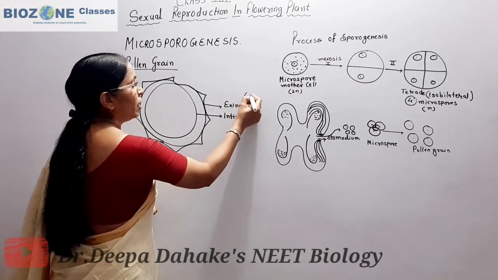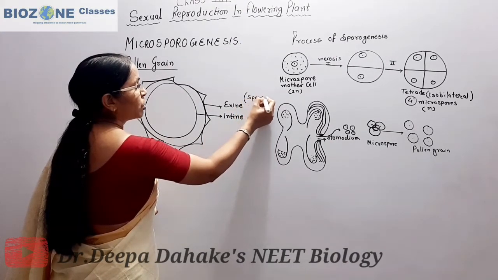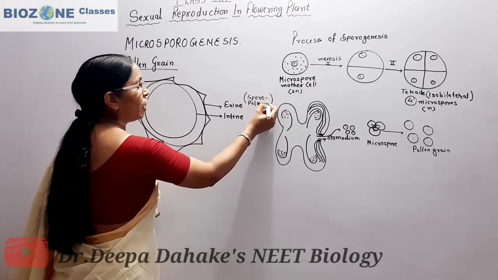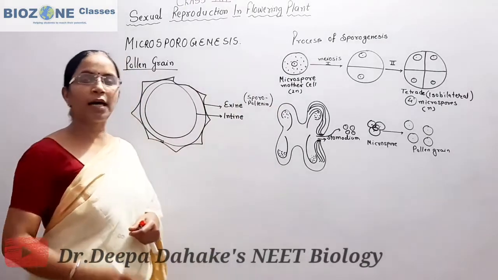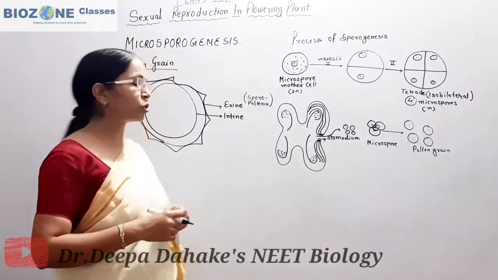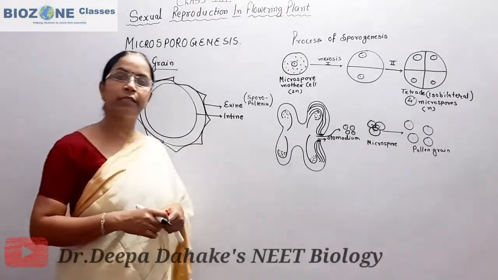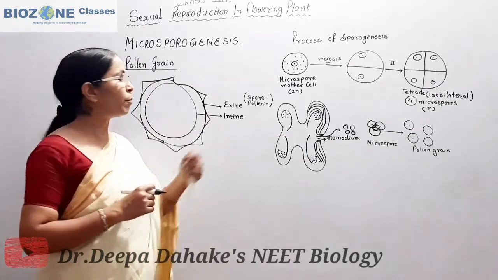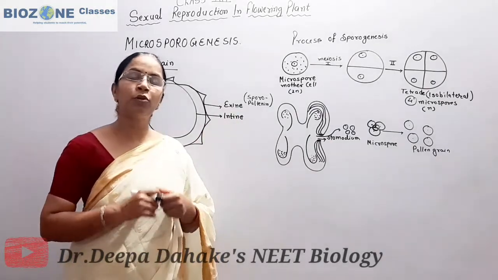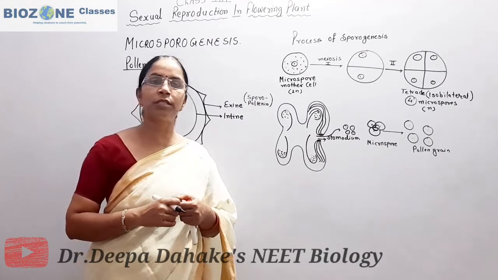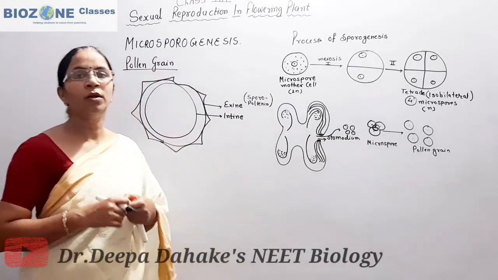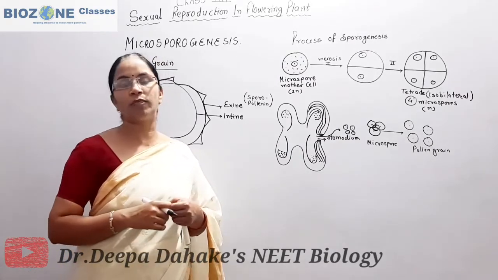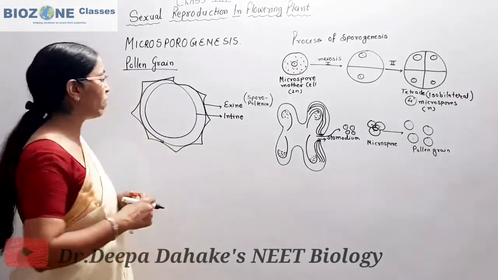The exine is deposited by sporopollenin, which we already studied in the last session on the structure of the androecium. That sporopollenin is secreted by the tapetum, and the tapetum produces sporopollenin to provide hardness and resistance against different kinds of chemical substances as well as different kinds of external stresses of the environment.